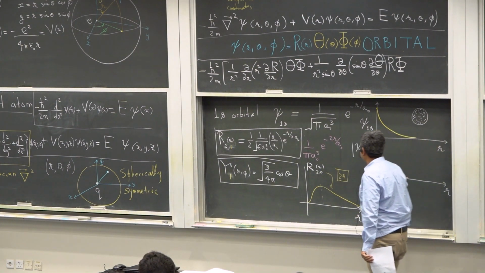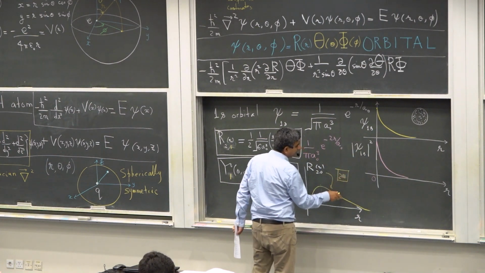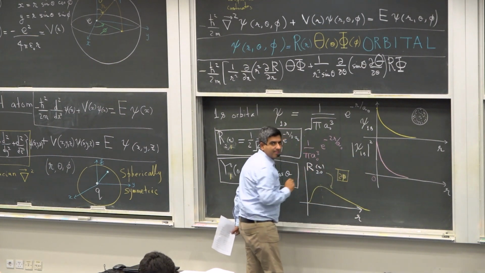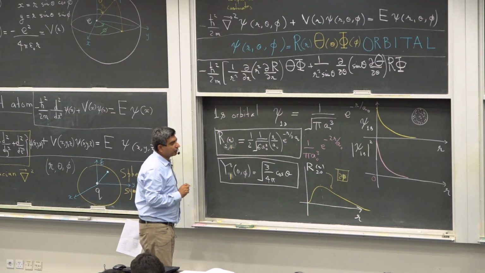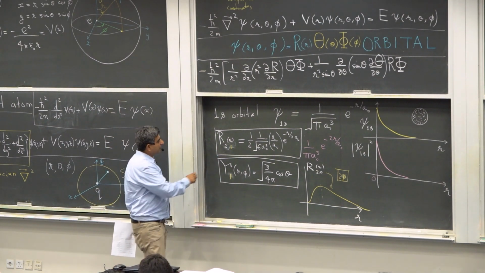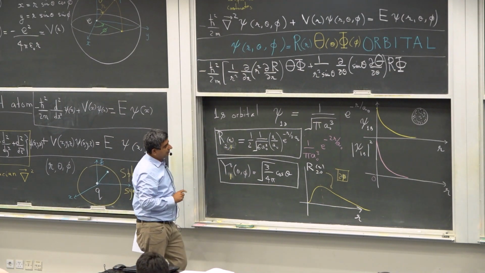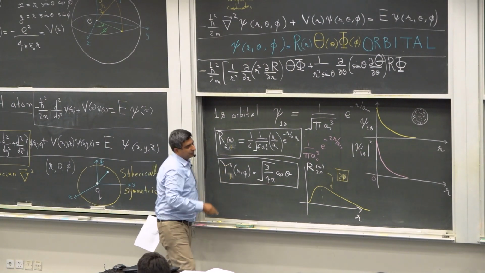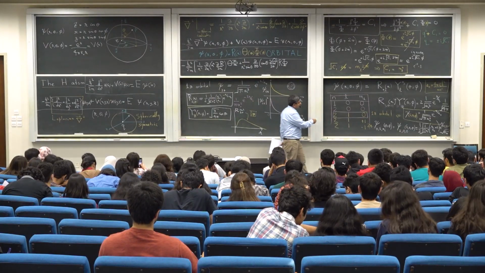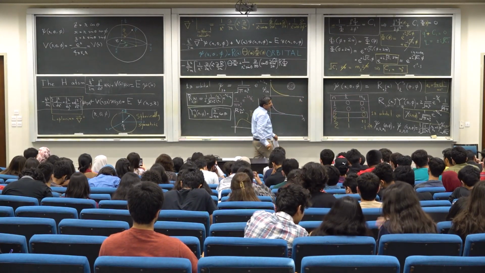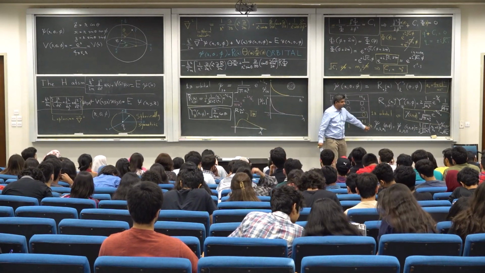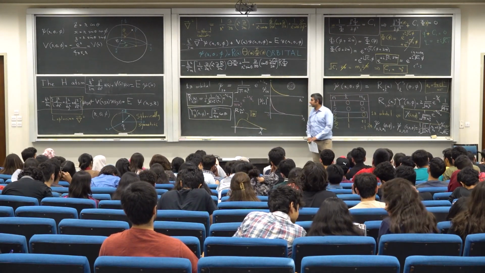It's a 2p orbital, because L is 1, ML equals 0. So this is the row that I am considering. It's not a 2s orbital.